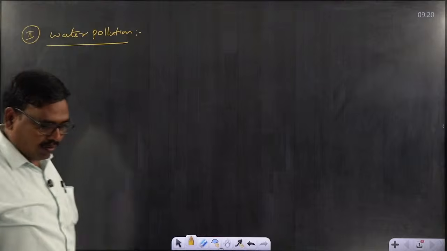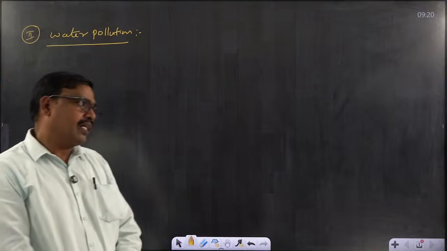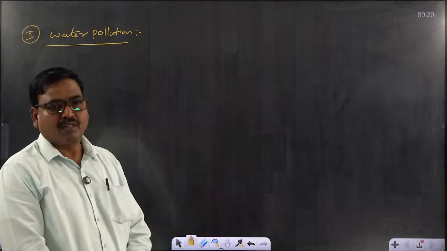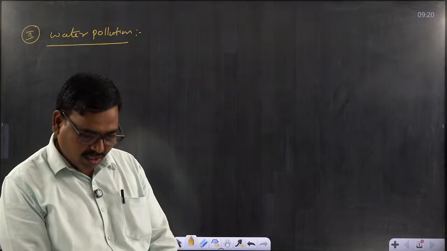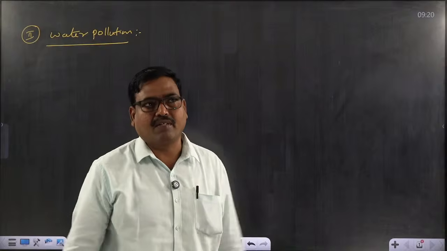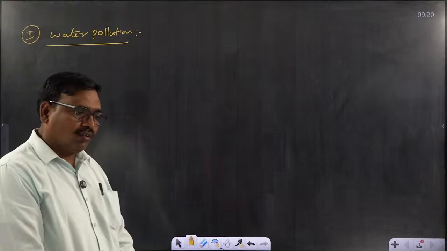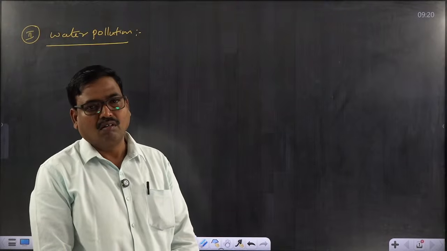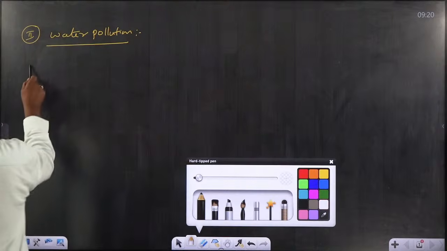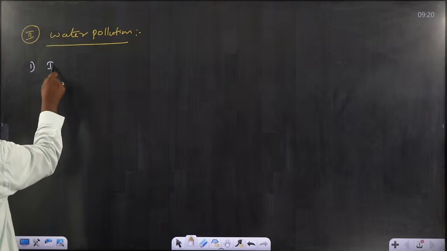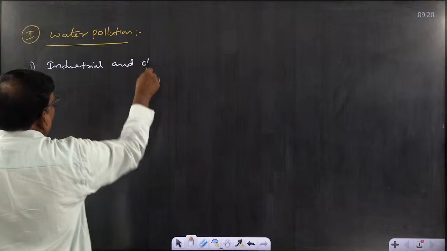Generally, water bodies are mainly polluted due to several factors. Among them, the first thing is industrial waste, along with domestic waste also.